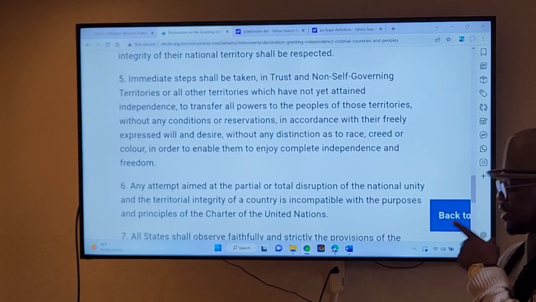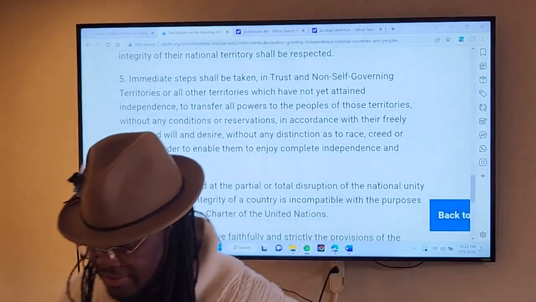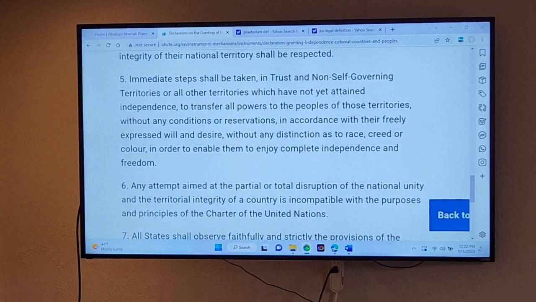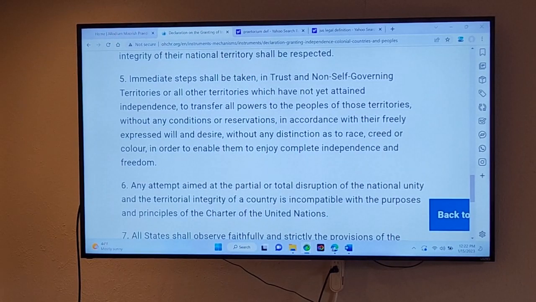Okay, pause there. Give me an interpretation of Article 5. Well, in trust and non-trust territories, power should be transmitted or given over to the people without any hesitation. Power should be handed over to the people.